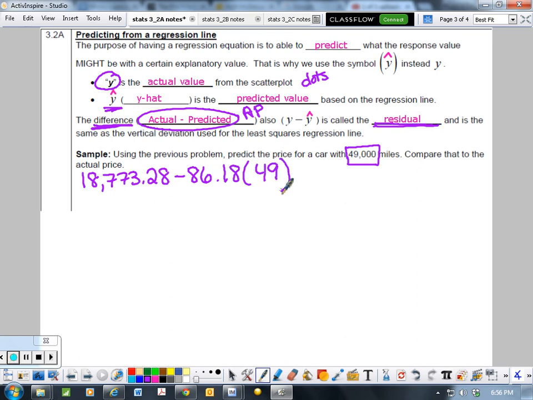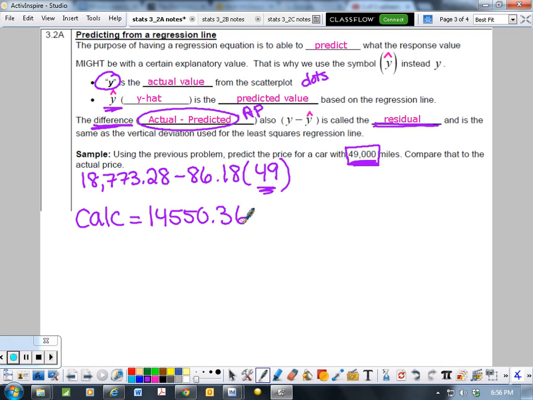But be really careful about that, because they're going to tell you in context, and you have to remember that your data is written as 49. So you could calculate this by hand. The answer I got from the calculator was 14,550.36.